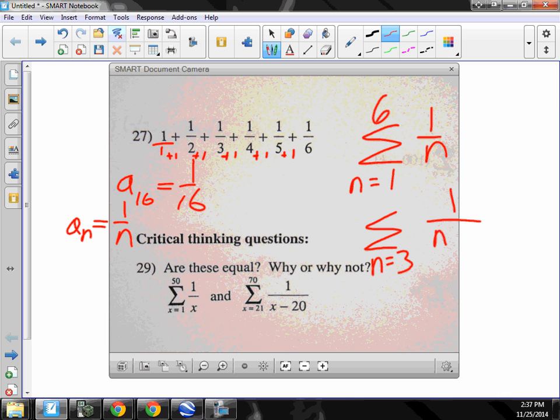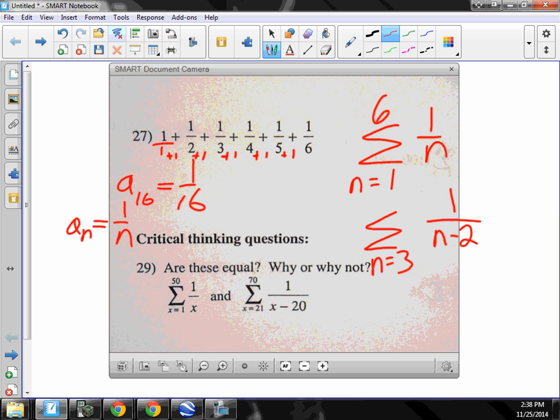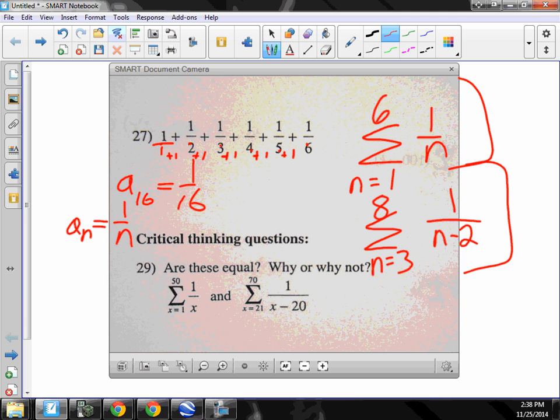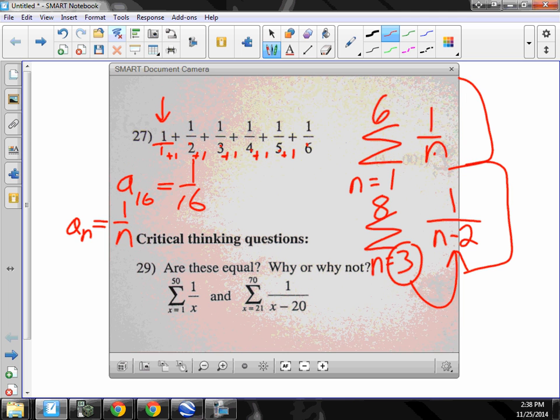Well, when I plug in 3 for the first term, what does this value need to be? 1. Up to, let's see, 3, 4, 5, 6, 7, 8. So those are exactly the same. Because when I plug in 1 here for my first term, I get this. If I plug in 3 here, my first term is still 1.